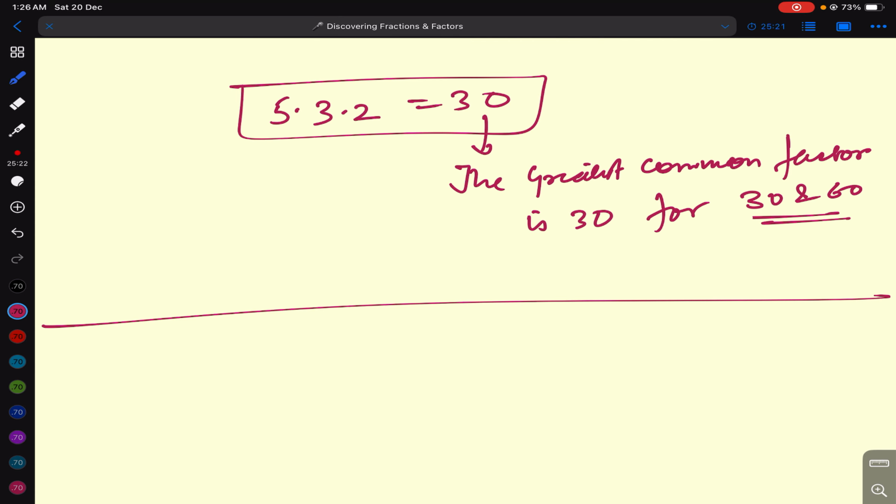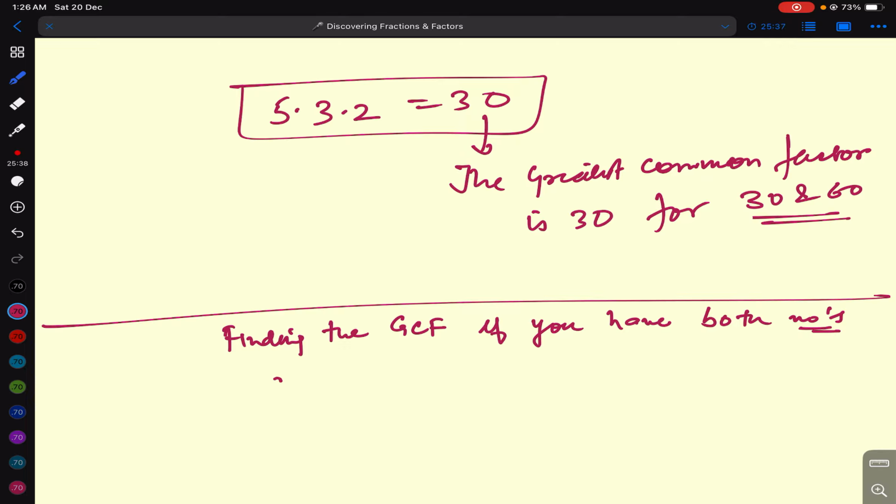Okay, so finding the greatest common factor if you have both numbers and variables. The previous case was only numbers, but here we have both numbers and variables.